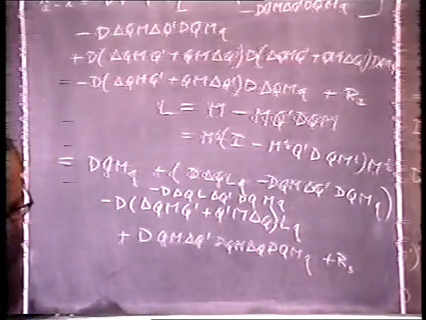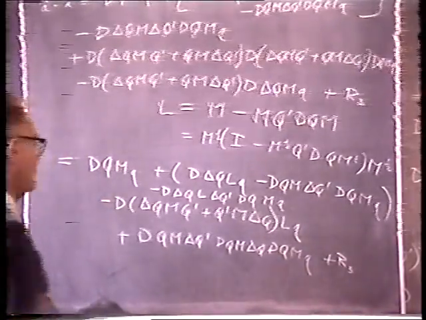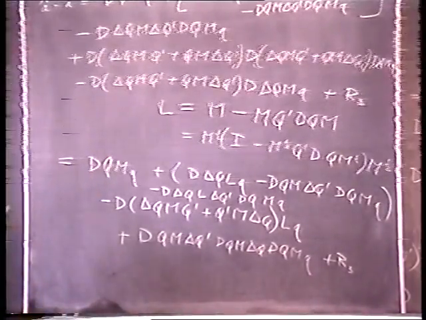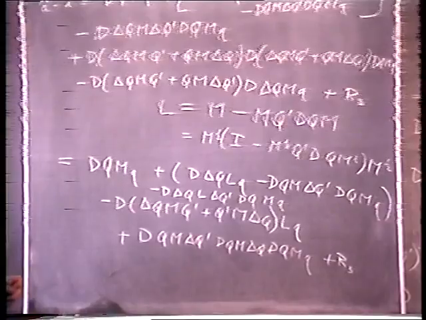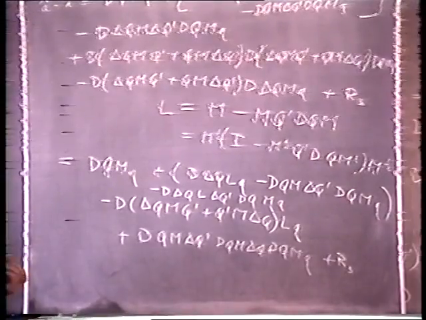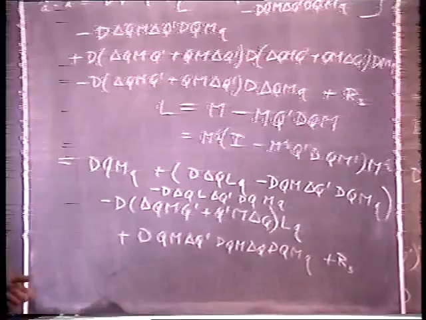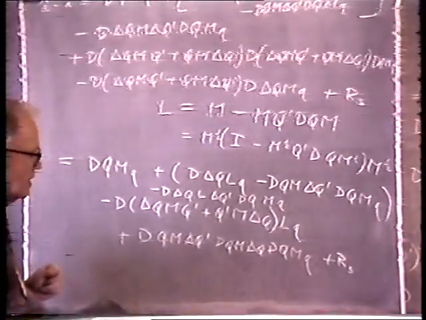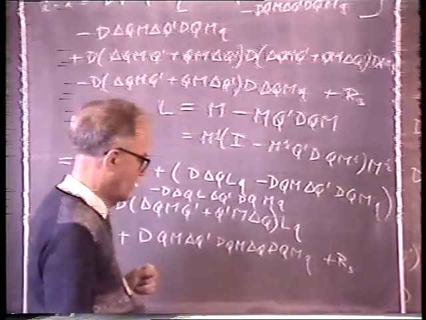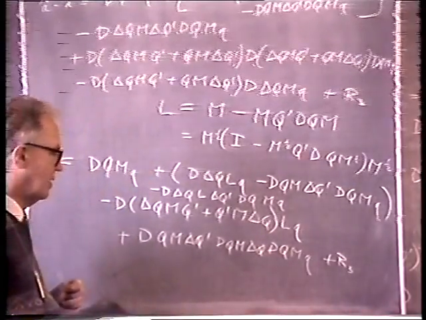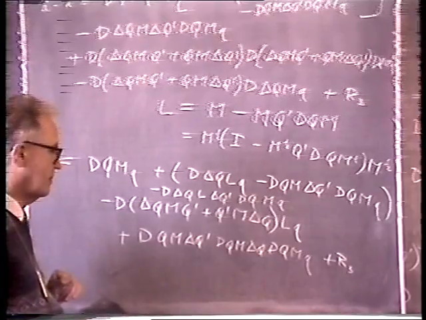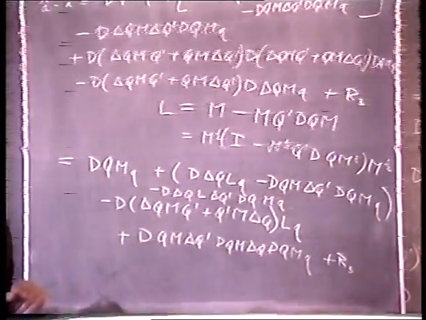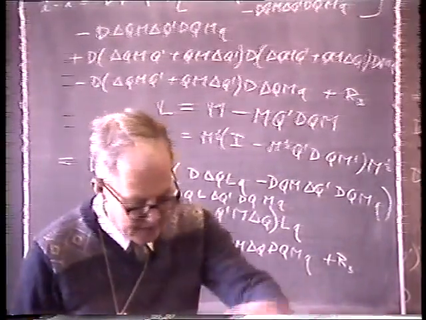Well, now, what we can now do from this is to pick out what the required first, second, third derivative coefficients are, and express them in kind of generalized matrix form. And that I will discuss a little later.